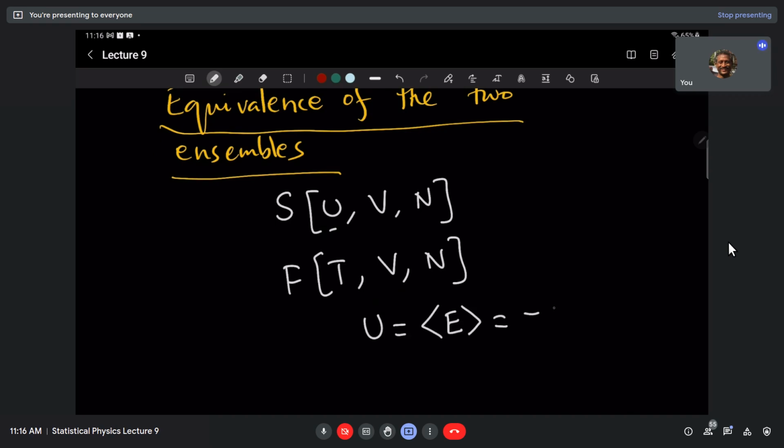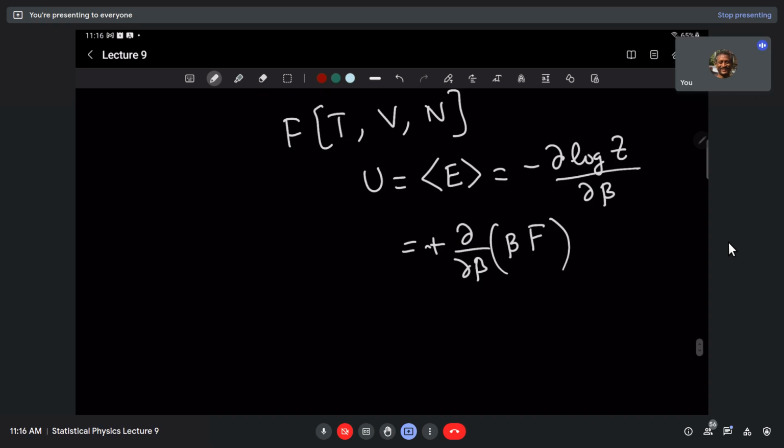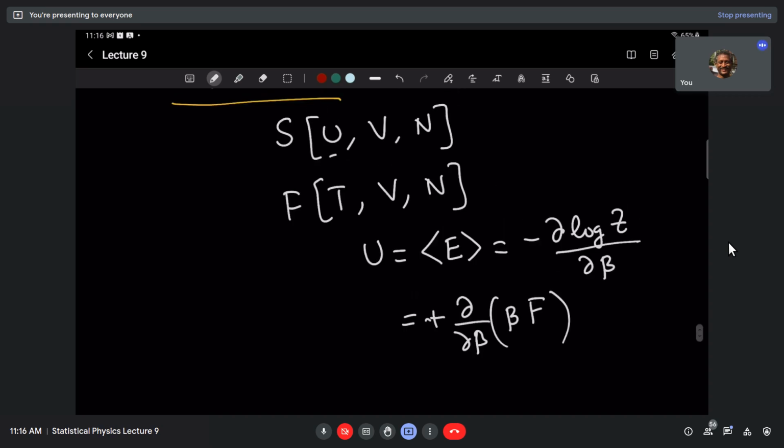And so in this thing, we got a formula for this. For instance, this was minus d log Z by d beta. Or we can write this as minus d by d beta of, I want to write it in terms of free energy, so I write beta F. Okay, so what is happening is that up to some factors, U is a derivative of F, right?